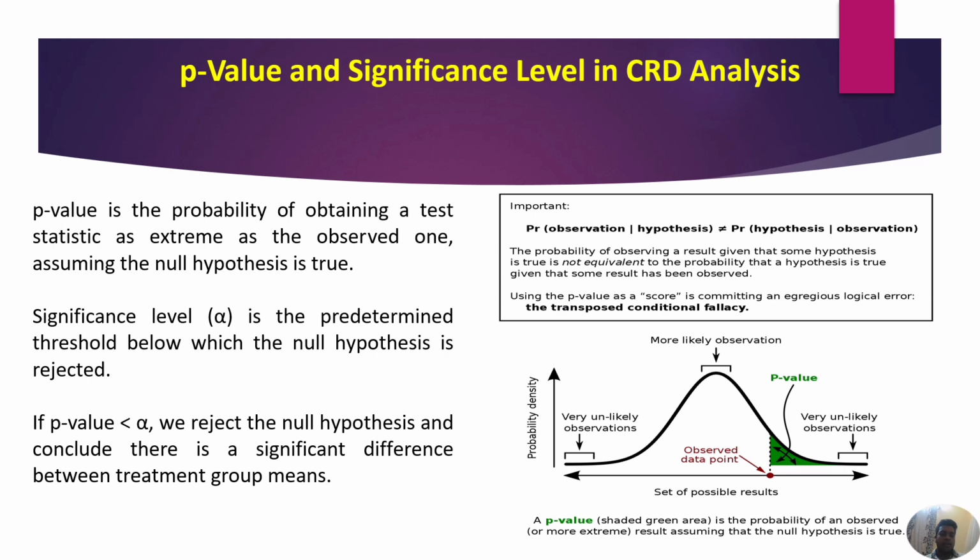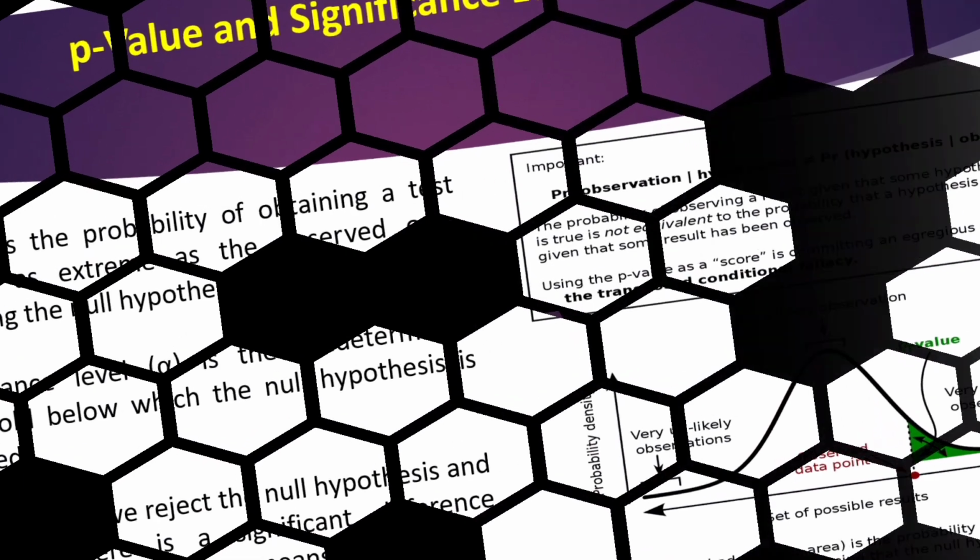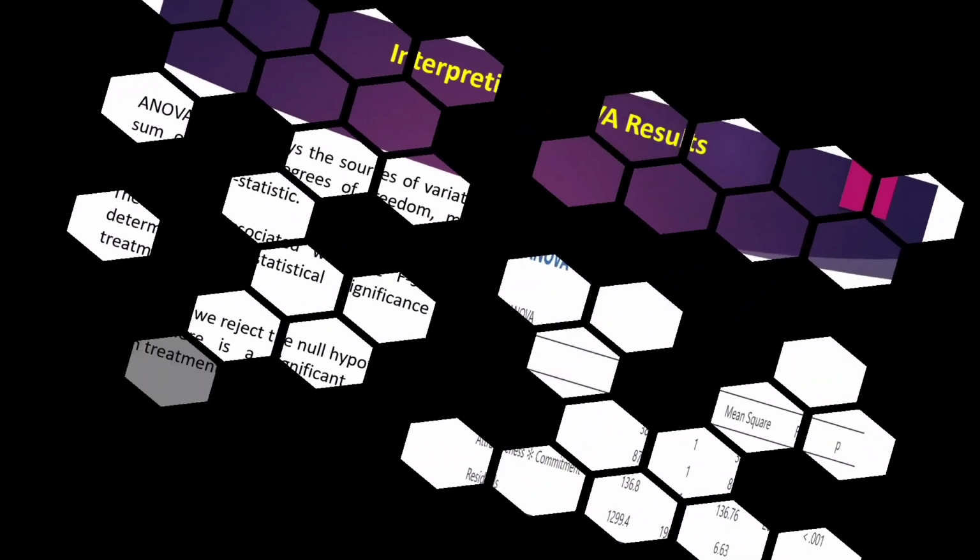P-value is the probability of obtaining a test statistic as extreme as the observed one, assuming the null hypothesis is true. Significance level alpha is the predetermined threshold below which the null hypothesis is rejected. If the p-value is less than alpha, we reject the null hypothesis and conclude there is a significant difference between the treatment group means.